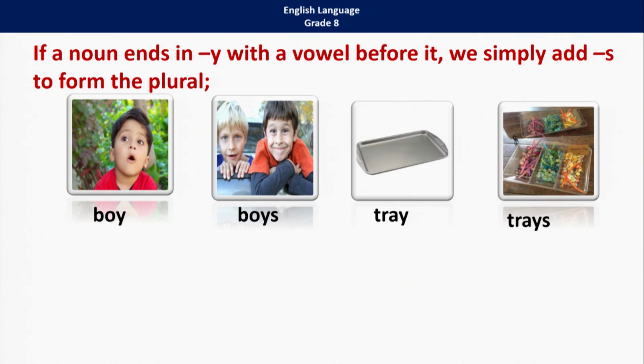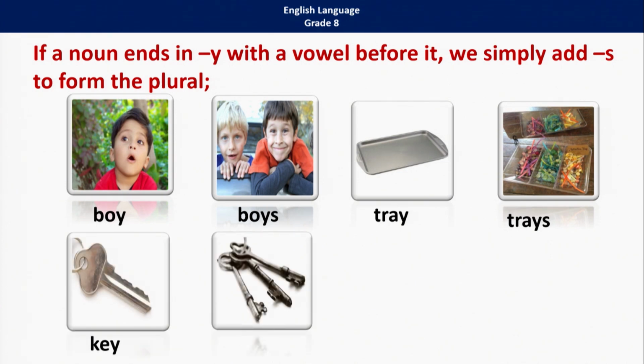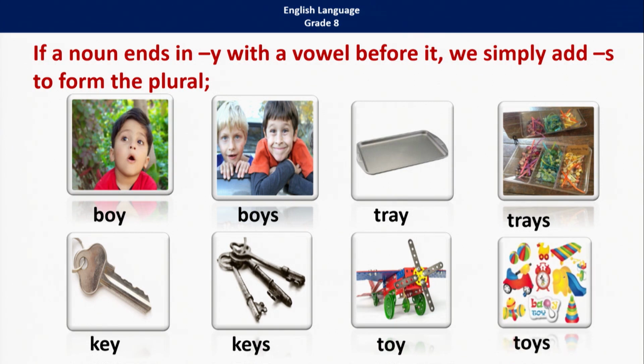The letter before Y is a vowel. Key, keys. Toy, toys. All right, children, you can see boy, boys, tray, trays, key, keys, toy, toys. The last letter is Y and the letter before Y is a vowel. So, to form the plural, we are just adding an S.